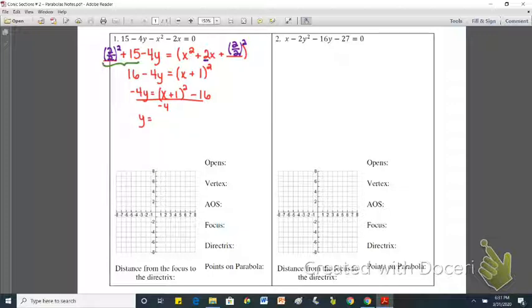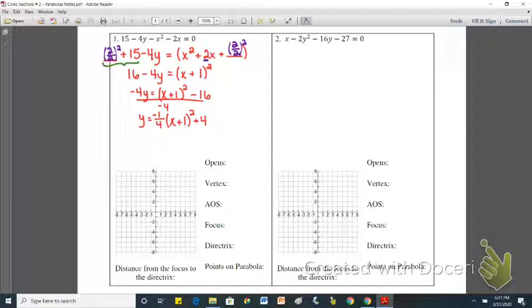So I'm going to make it my coefficient. Dividing by 4 is the same thing as multiplying by 1/4, so I'm going to bring it out as a 1/4. And of course it's negative because my 4 is negative. So that's times (x plus 1) squared. -16 divided by -4 is a positive 4.